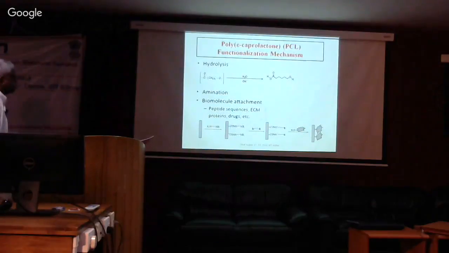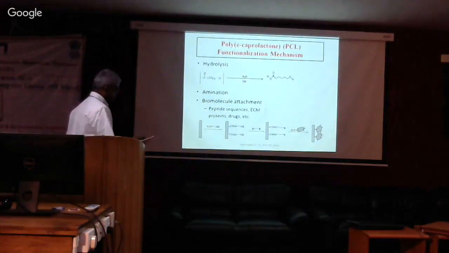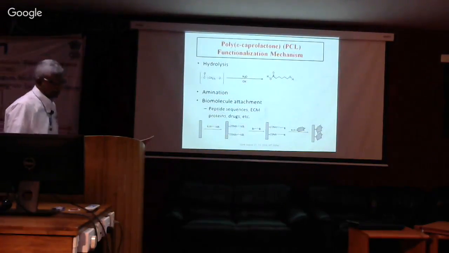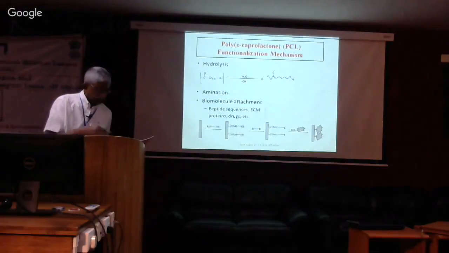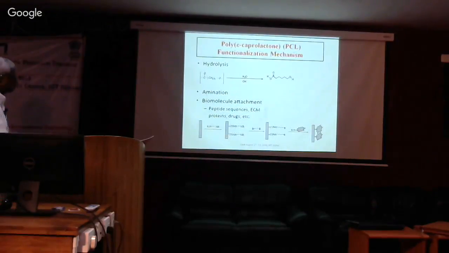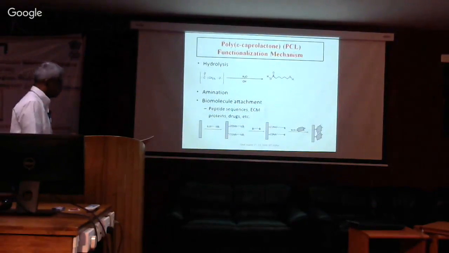So, with polycaprolactone, this is now the functionalization part. Hydrolyze it, you then aminate it, and then the idea is you can attach some biomolecule. And the biomolecule could be a drug. And we looked at a couple of drugs, but most of the work was with proteins.